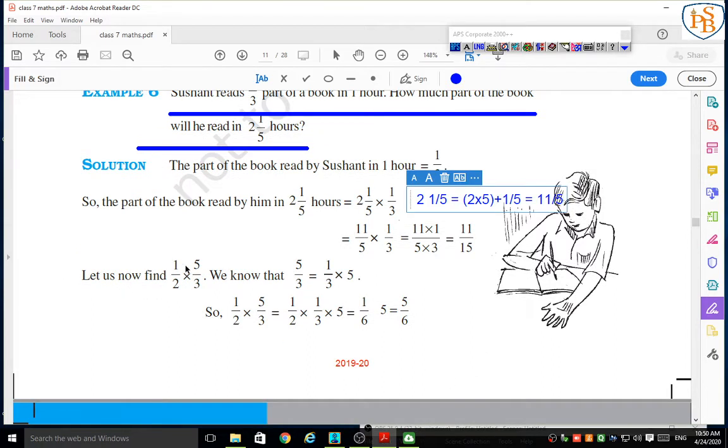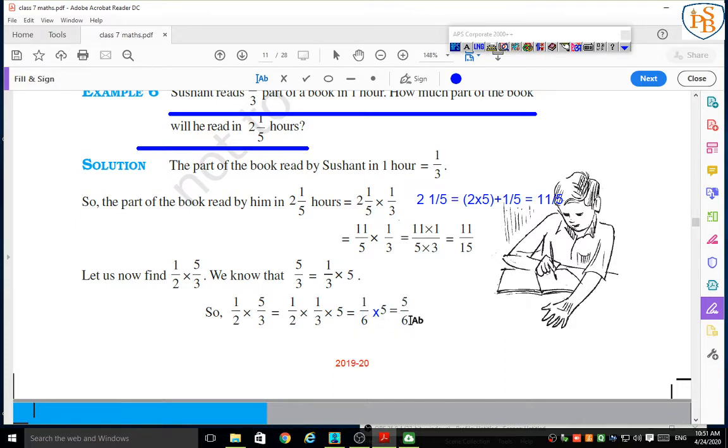Let us now find 1/2 into 5/3. We know that 5/3 is equal to 1/3 into 5. So 1/2 into 5/3 is equal to 1/2 into 1/3 into 5, that is 5/6. So we can also write the 5 and 5 with a cross.